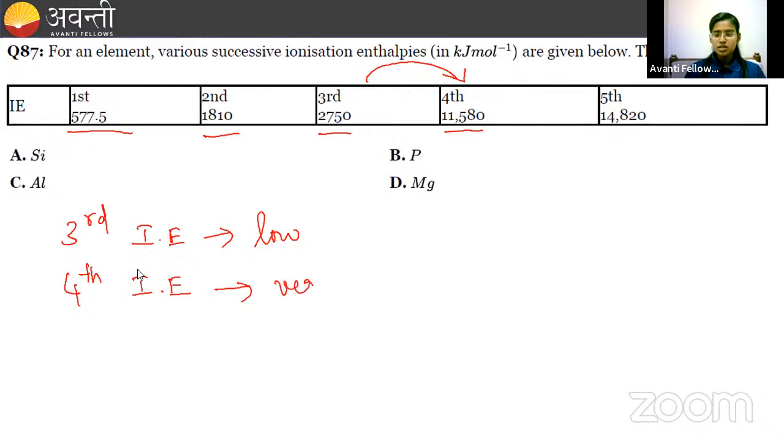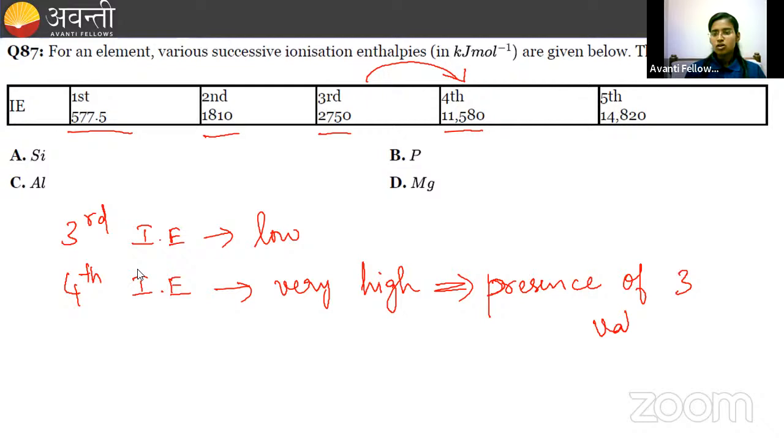So what does this mean? This shows the presence of 3 valence electrons in the atom, which we have to find out.